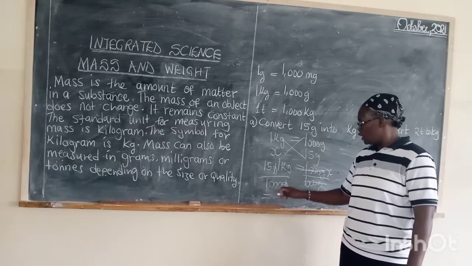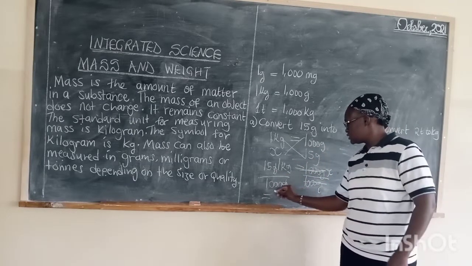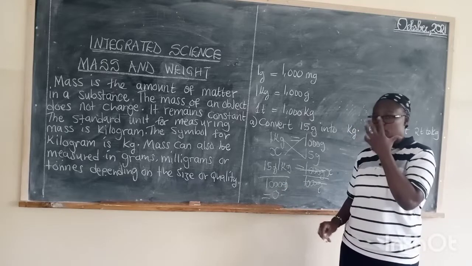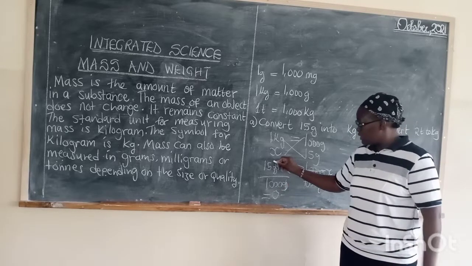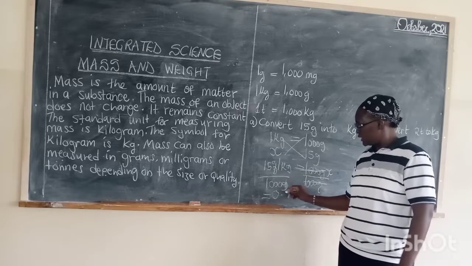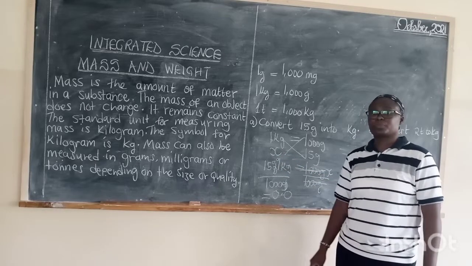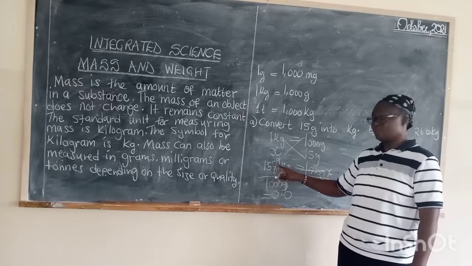x is equal to 15 divided by 1,000. We put a point there. We add a 0 here. 1,000 into 150, it can't. So we add another 0. Then this side we put a 0. So we have 1,500 on top.